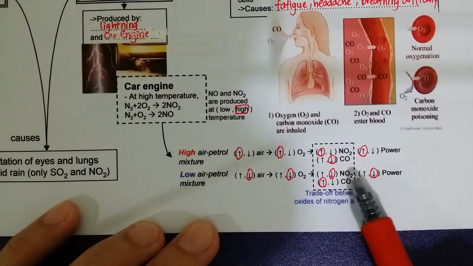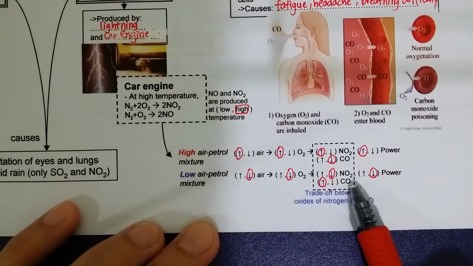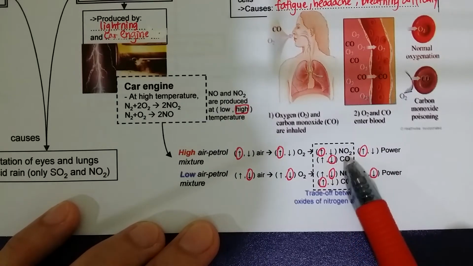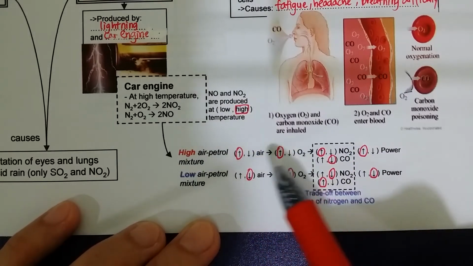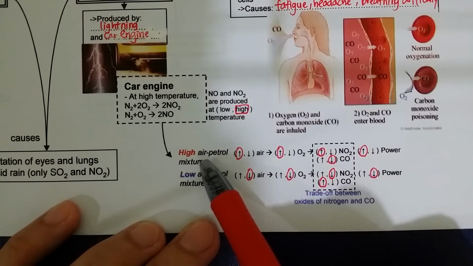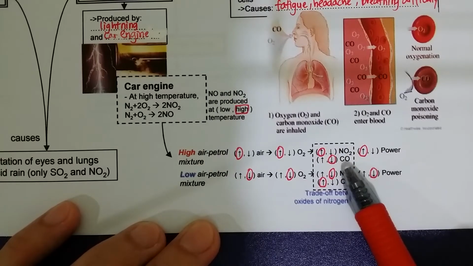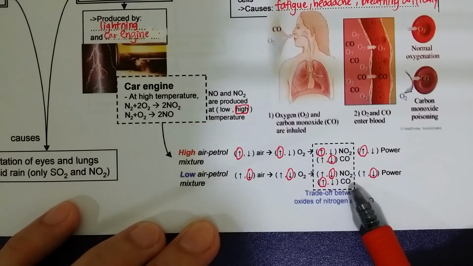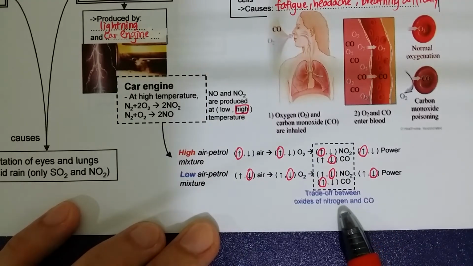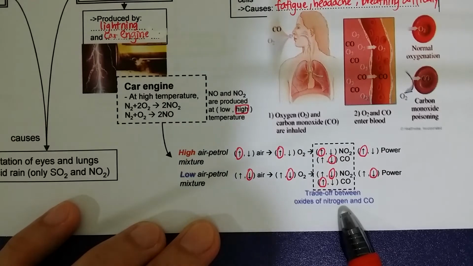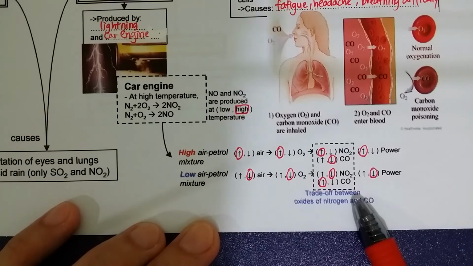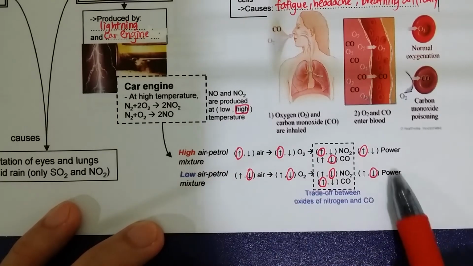Low air petrol mixture, very little NO2 but a lot of CO. Both NO2 and CO are pollutants, so different high or low air petrol mixtures would produce different amounts of pollutants. Either way, pollutants will be produced in the car engine. It's just a matter of which pollutant will be produced more and which less. So this part is very important.